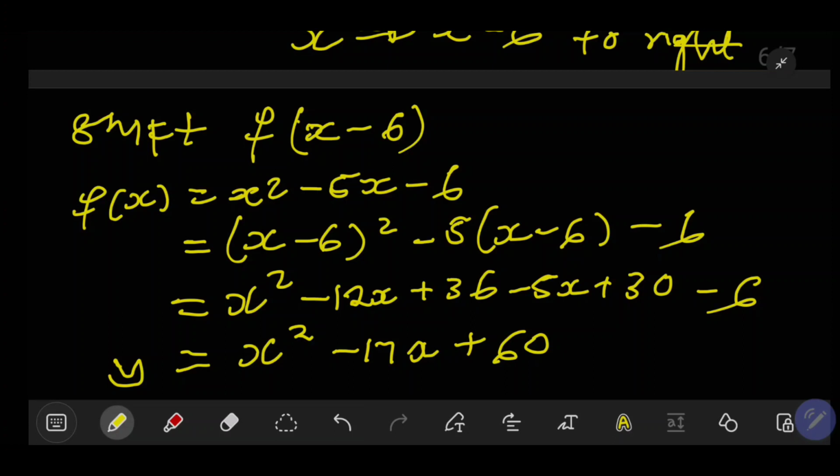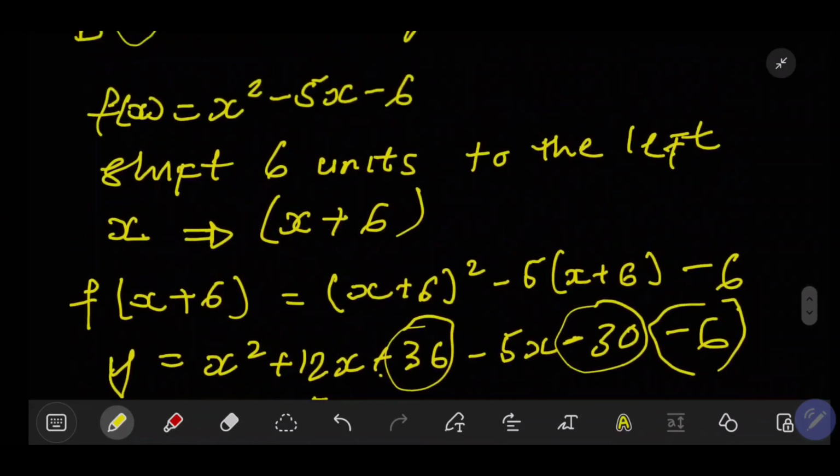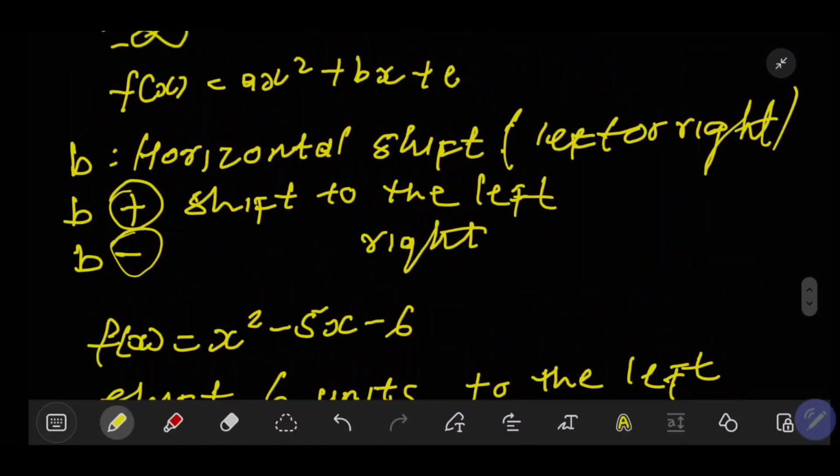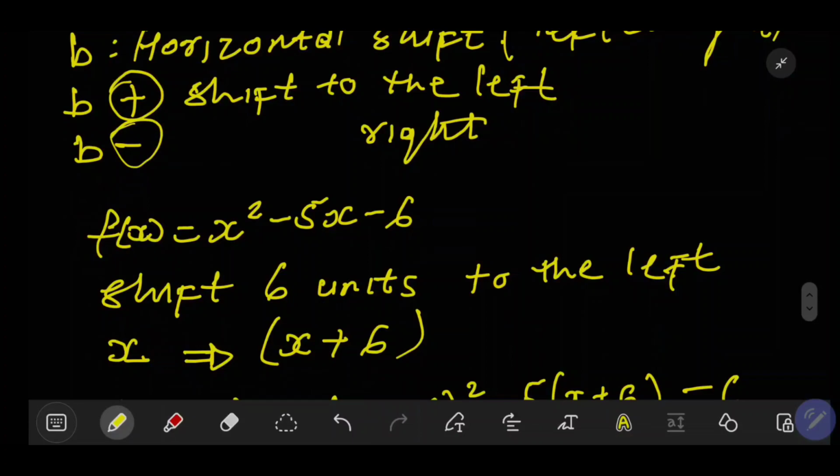So horizontal shifting has a big effect on the equation. It changes to a certain degree. It's not the same as shifting vertically. So this is the effect of B when it works as a horizontal shift. I hope that one makes sense.